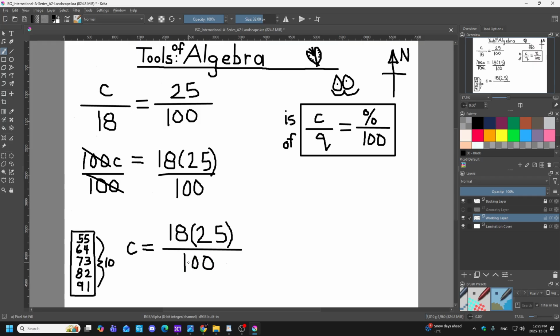We know 25 goes into 100 4 times, right? 25 times 4. All right, and 25 is 25 times 1. Let's do this and this. I'm left with 1 here and 4 here, right?